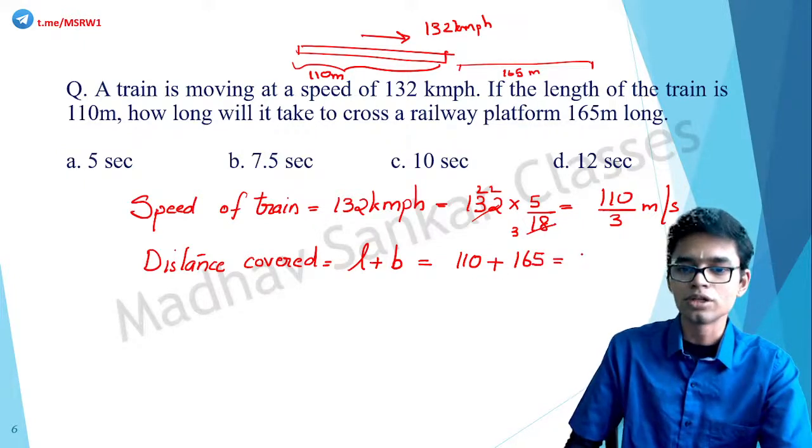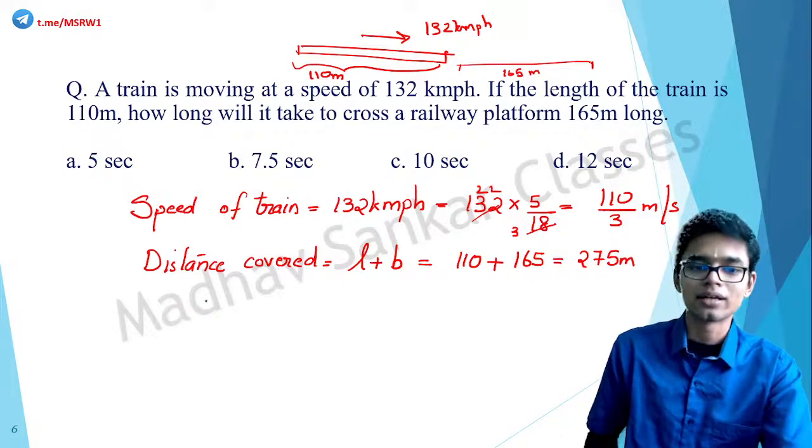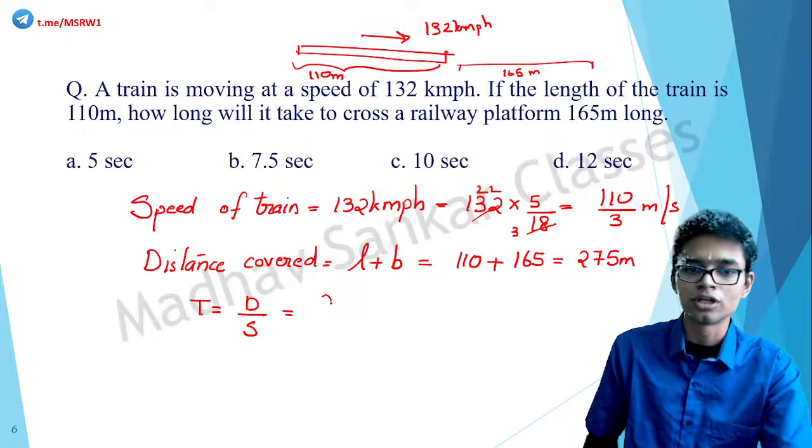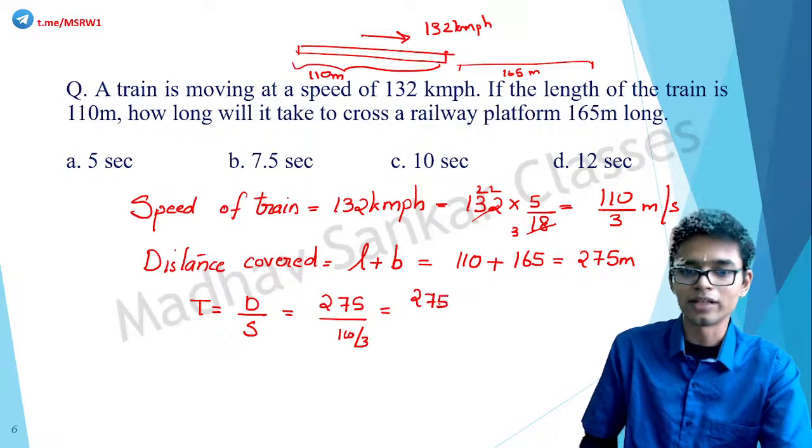This is equal to 275 meters. Correct. Now simply substituting the formula. Time is equal to distance by speed is equal to 275 divided by 110 by 3. This is equal to 275 into 3 by 110.